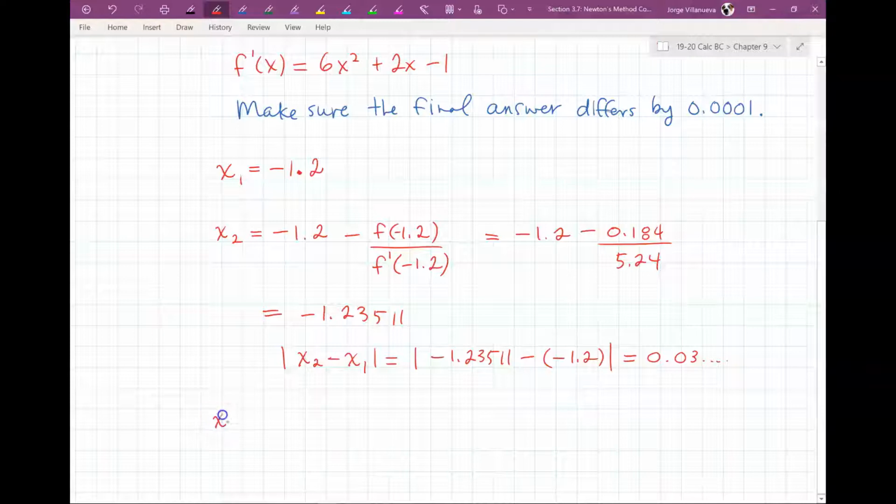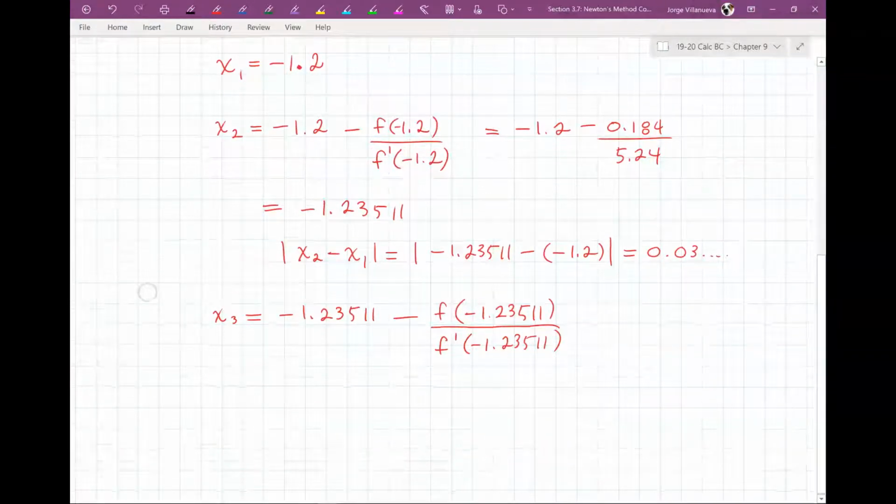So let's find x sub 3. For x sub 3, we're going to use the answer of x sub 2, negative 1.23511. So negative 1.23511 minus f of negative 1.23511 divided by f prime of negative 1.23511. Like I said, I already did the calculations just to save us some time.